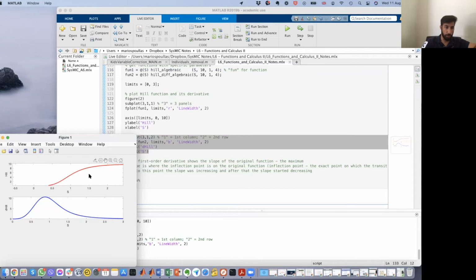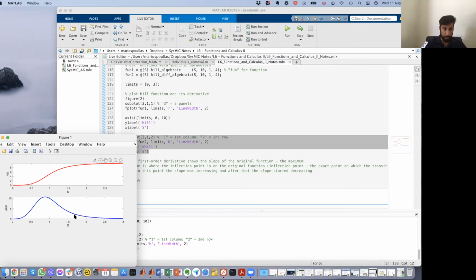This is what we can see here, that the slope is increasing up to this point here, which is in line with what we've seen in the red line, and then it starts decreasing.